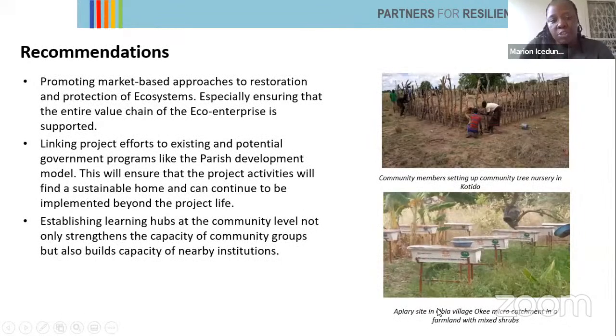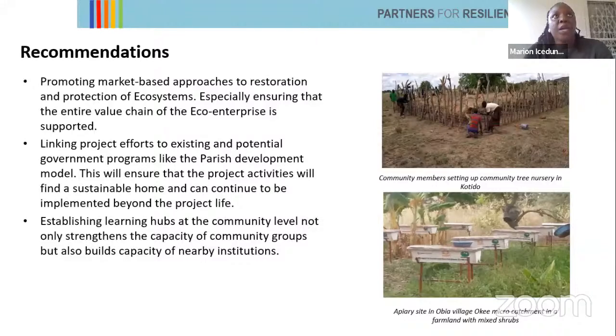So in terms of recommendations, looking at the key lessons and the key challenges that we faced on the project, I'll share just 3 recommendations among others that we had. One, a very critical one, we realized that indeed promoting market-based approaches to restoration and protection really builds more resilience of communities, particularly targeting the entire value chain.